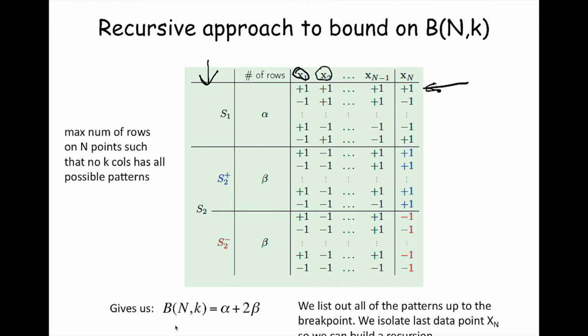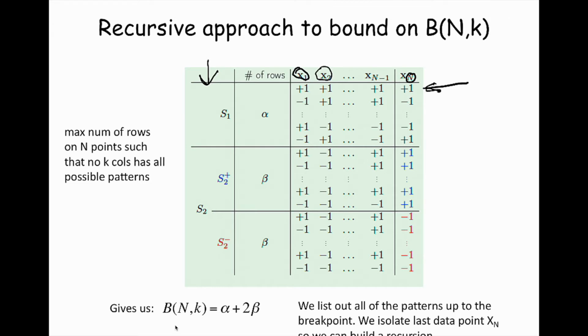So let's start out. We're going to list out in this table all of the patterns up to the breakpoint. Now remember, the breakpoint describes the maximum data set size at which a function or hypothesis can no longer generate all 2 to the n dichotomies. So if we define B of n, k, the n corresponds to the data set size, so you're going to have n columns corresponding to x1, x2, all the way up to and including x sub n.